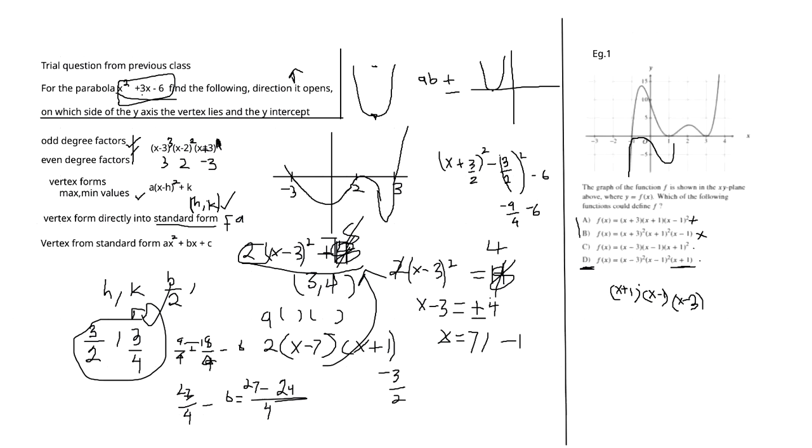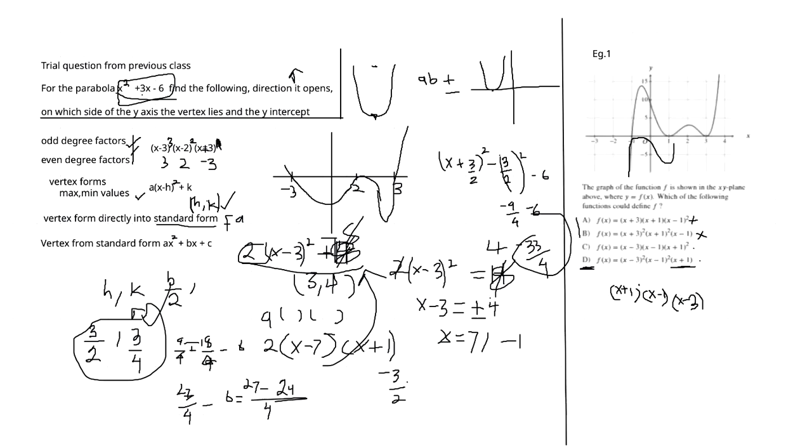So negative 9 minus 24 is negative 33, and negative 33 over 4. So it means when we input this value into this equation, we should get minus 33 over 4, which is obviously the y coordinate of the vertex. So let's put this here to confirm that our answer is correct.